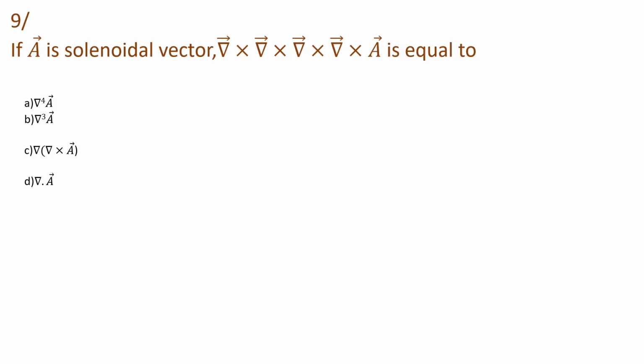Here is our next question: if A vector is a solenoidal vector, then del cross del cross del cross del cross A vector is equal to what? Our options are del to the power 4 A vector, del cube A vector, del into del cross A vector and del dot A vector.